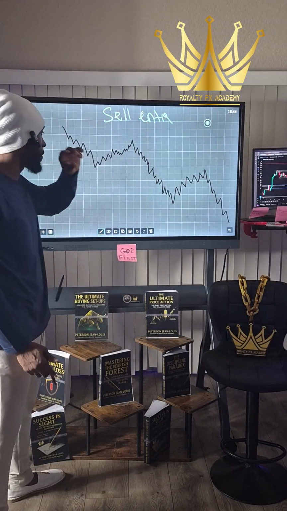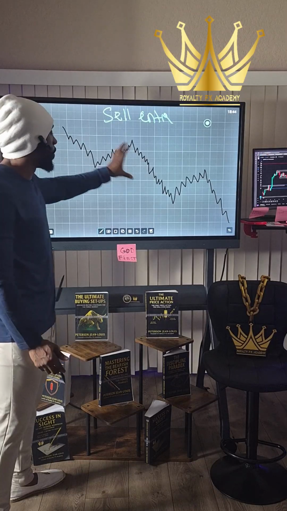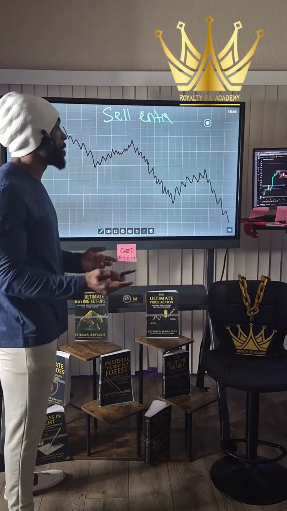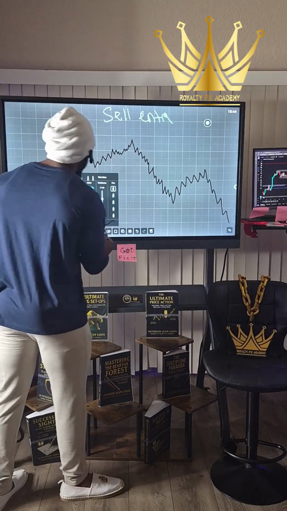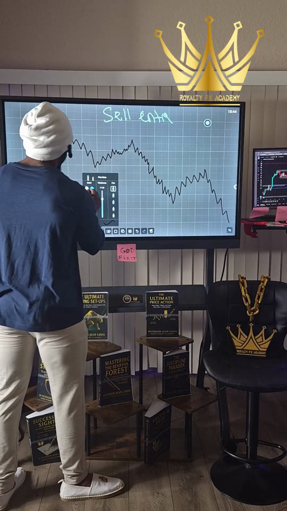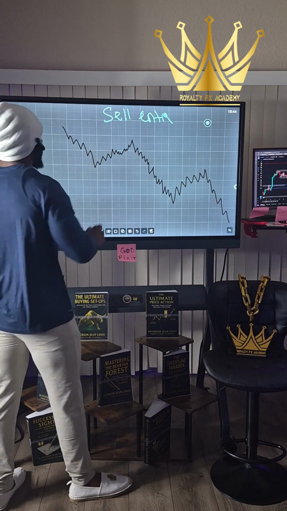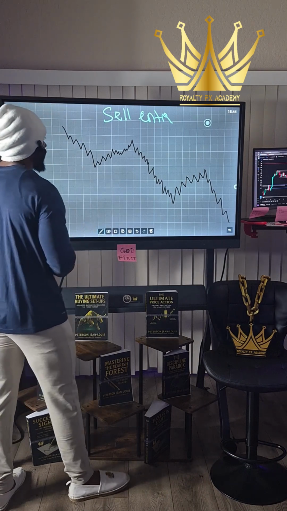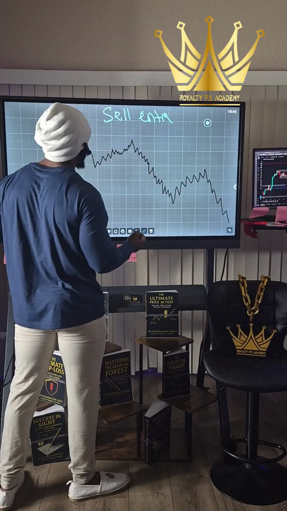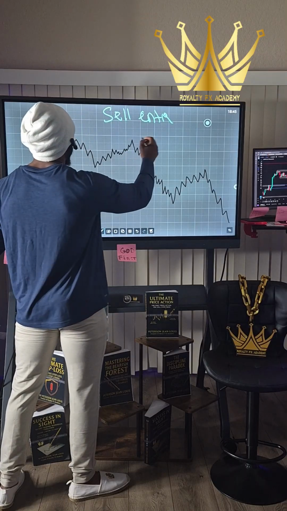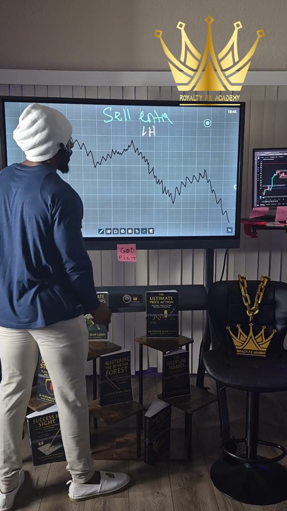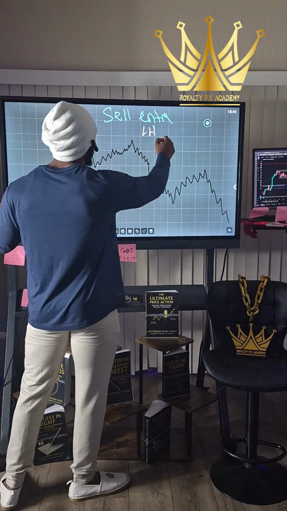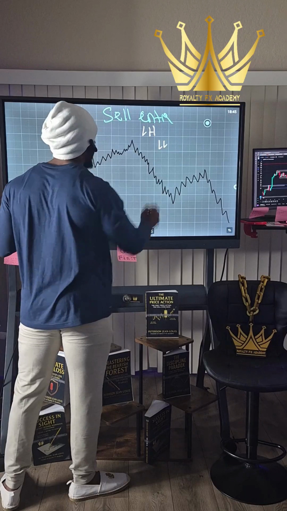Now, this is a point where your fib could also come in, just like before. I just want to throw that in there, just for the Fibonacci lessons. When you place a fib for a sell, you always want to start at your lower highs and you are targeting the previous lower low, right?